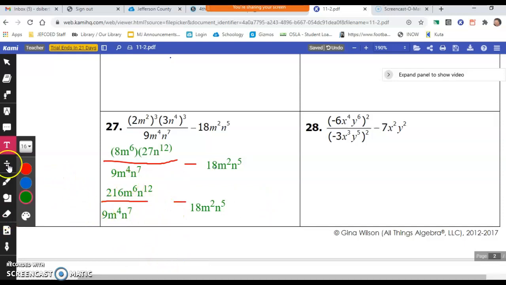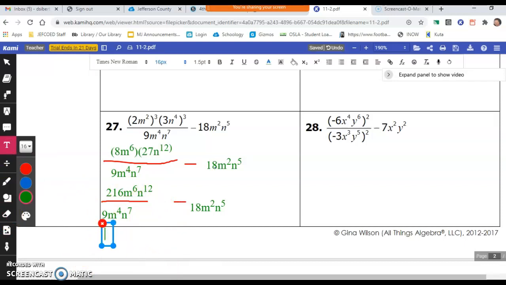Okay? All right, so let's simplify using the quotient rule. I'm just coming right down here below out of the box. We got 216 divided by 9 is? So 216 divided by 9 is 24. M is going to be raised to the power of 2 and n to the power of 5. Okay? And we still have minus 18m squared n to the 5th.